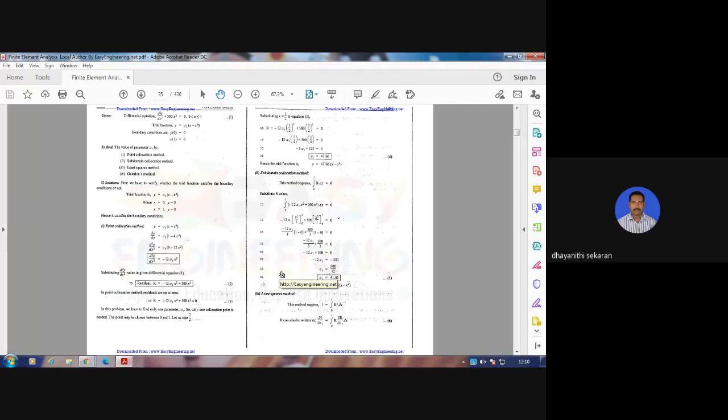We take x equal to 1 by 2: minus 12 a1 into 1 by 2 whole square plus 500 into 1 by 2 whole square equals 0. That is minus 12 a1 into 1 by 4 plus 500 into 1 by 4 equal to 0, so minus 3 a1 plus 125 equal to 0. We get a1 equal to 41.66, so y equals 41.66 into (x minus x power 4).